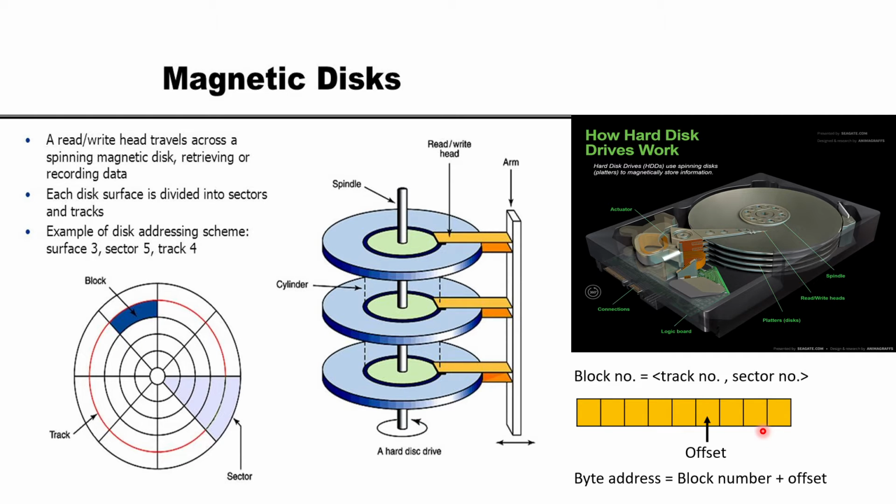Naturally, to reach a particular byte of a particular block, you need something more which will specify the exact byte of the block, and that is what we call offset. Ultimately this byte address can be considered as a block number and an offset.